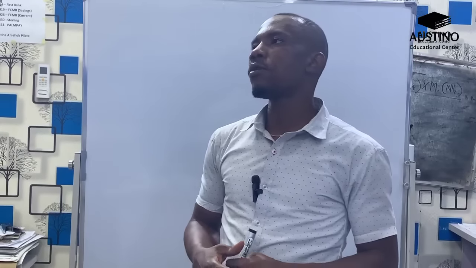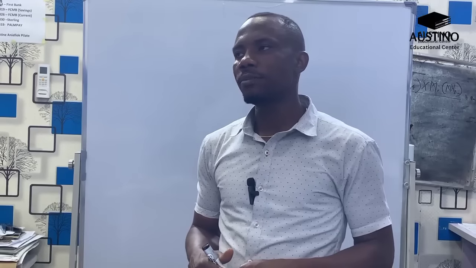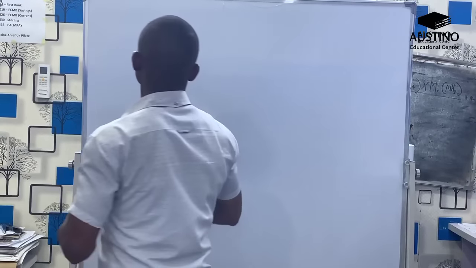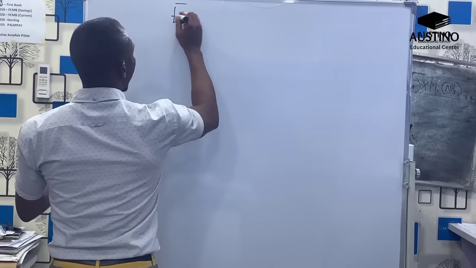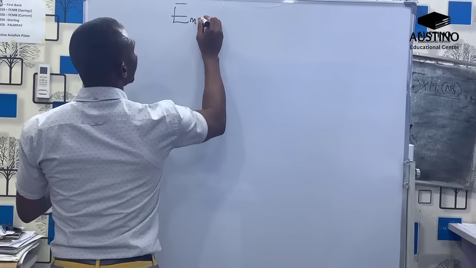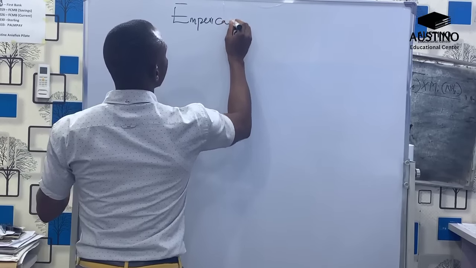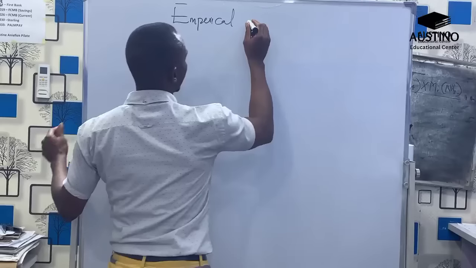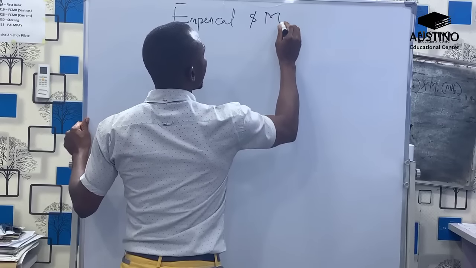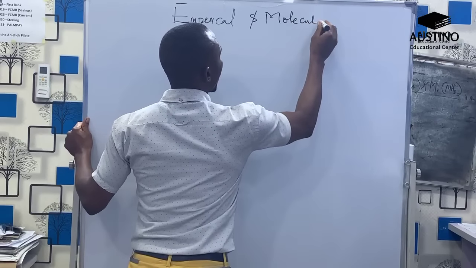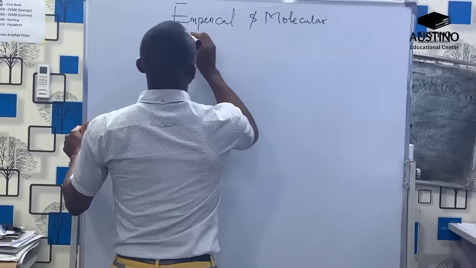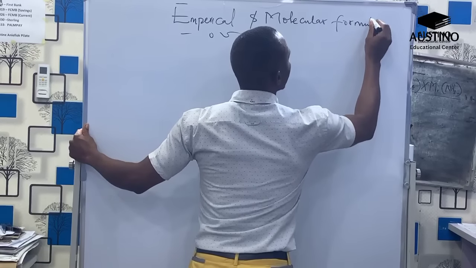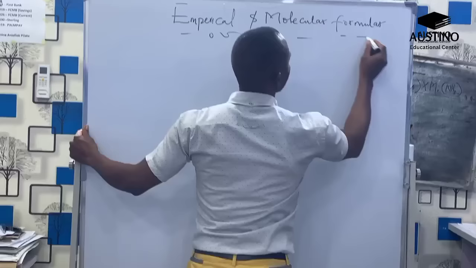In empirical formula and molecular formula determination, in our previous video, we said that empirical formula shows the simplest whole number ratio, while molecular formula shows the actual number.